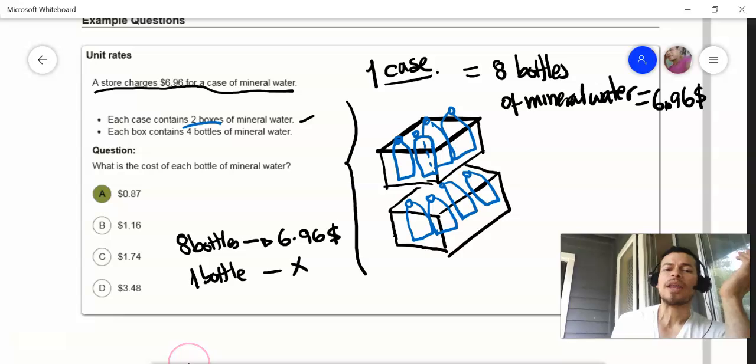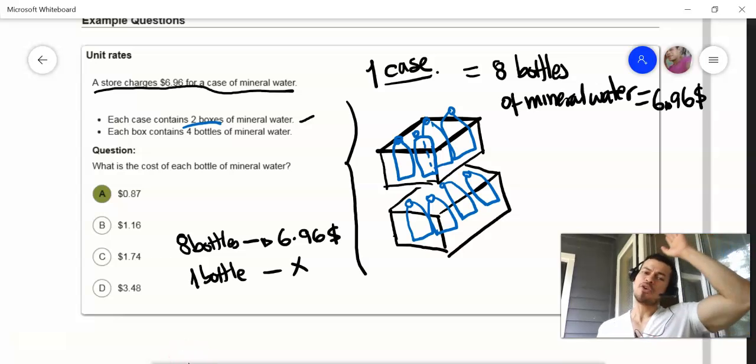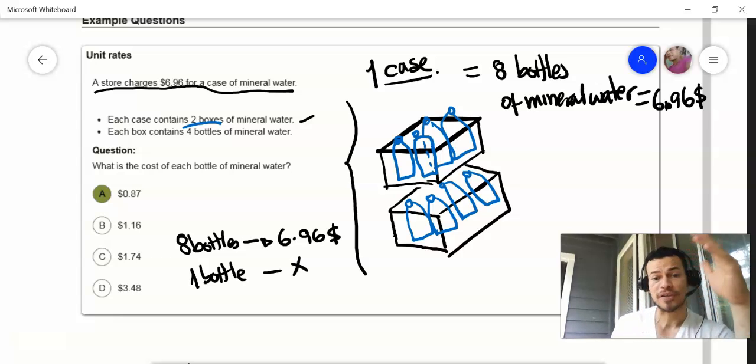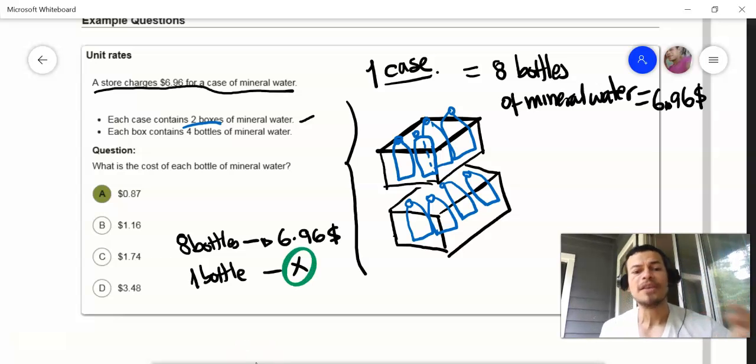And see, when I'm going to solve these problems, I organize the information. I put bottles on the left and then the money on the right. And now my problem reduces to finding the value of this X, which is 1 bottle. So what is the price of 1 bottle? Well, let's solve it.